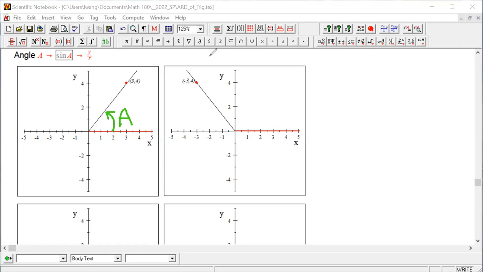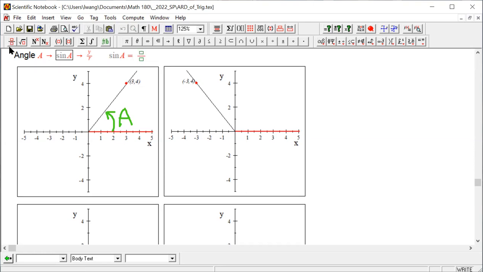With this point, I can calculate this angle A. Here is how we're going to write it. Sine of A is equal to the ratio, x comma y, so that's going to be 4 over r. What is r? We need to find out what r is. x squared plus y squared equals r squared.